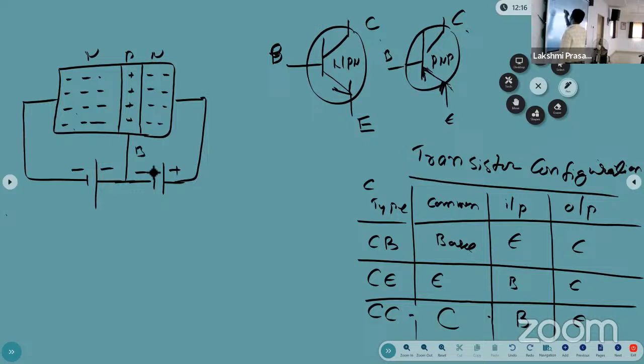This is the base, emitter, and collector. Now, without applying the supply, here some barrier is present, and here negative, negative, negative, positive, positive, positive, and here also positive. Dotted line, not a straight line.